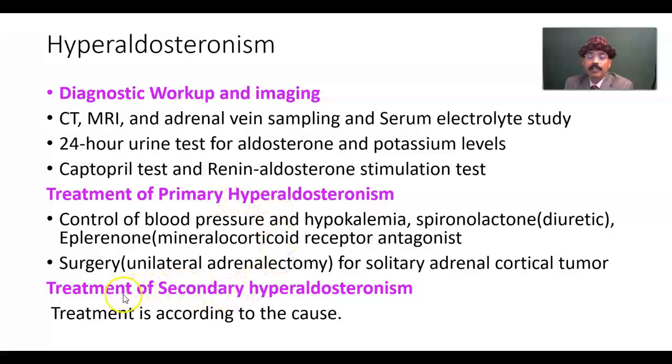So this is the treatment of primary hyperaldosteronism: control of blood pressure, hypokalemia, spironolactone, eplerenone, a mineralocorticoid receptor antagonist.